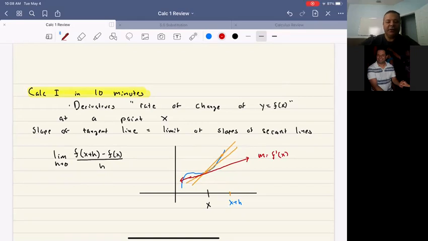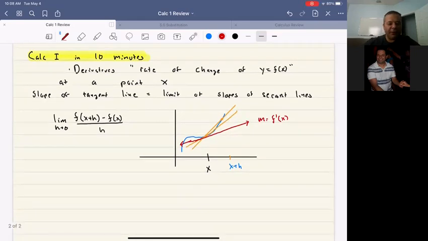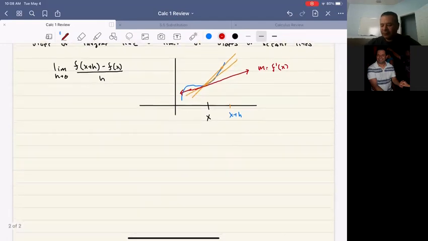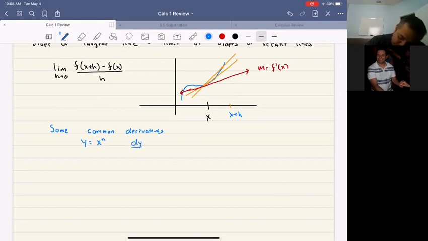All right. So there are some common derivatives that we know. These are ones that you should have practiced taking. If you have y equals x to the n, dy dx, or y prime of x, is n x to the n minus 1.